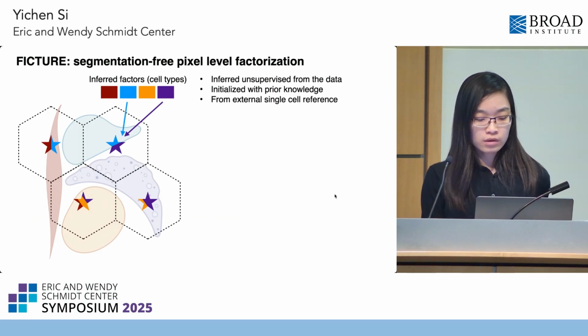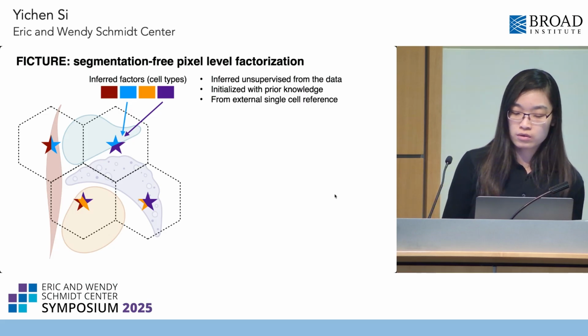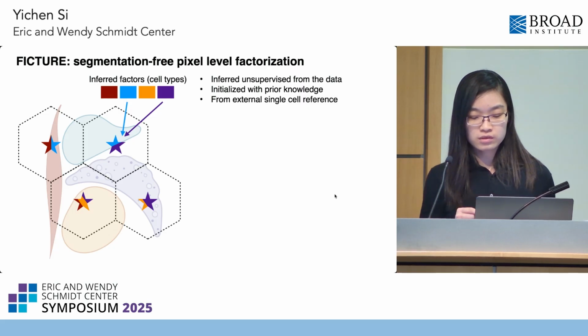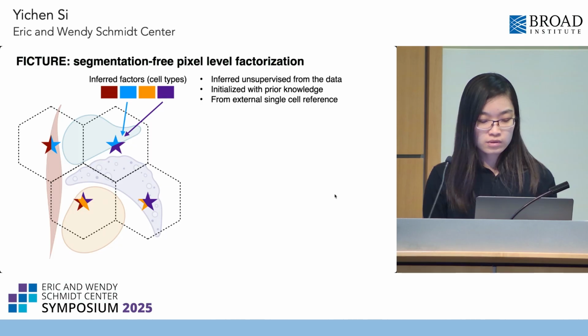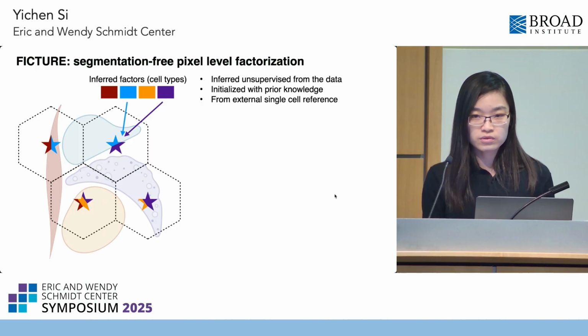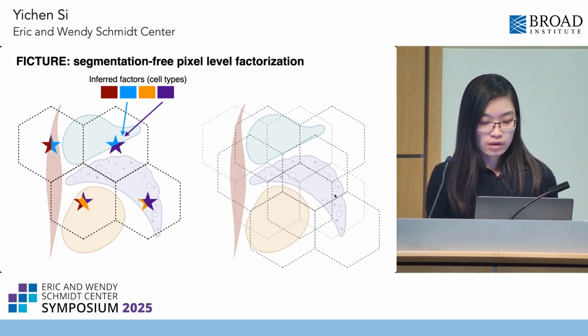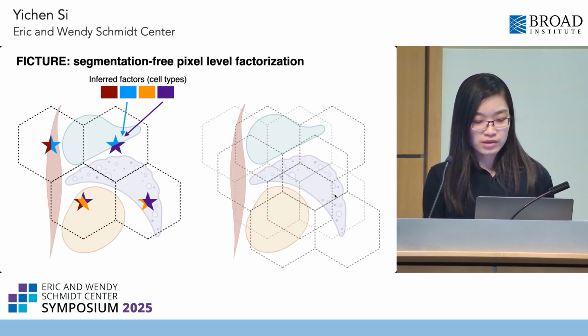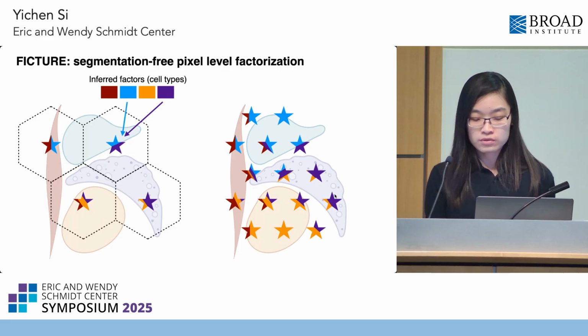So here's the intuition behind our method. We start from a hexagonal grid and infer each hexagon as a mixture of multiple latent factors representing cellular functions. These factors can be learned de novo from the data, but we could also incorporate prior knowledge or use an external single-cell reference panel. We call the center of the hexagons an anchor point, and then we slice this grid to generate a denser lattice of such anchors. But at this stage, each anchor still represents a mixture.